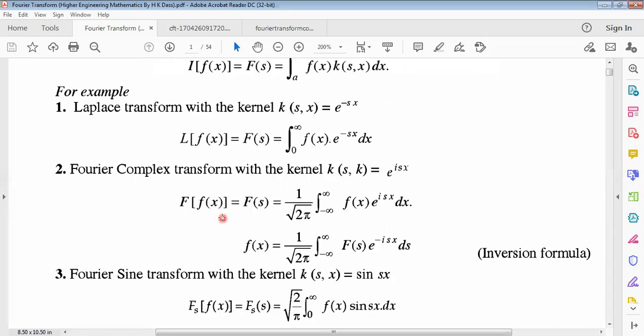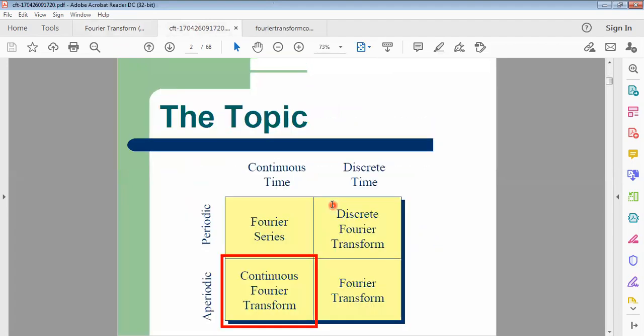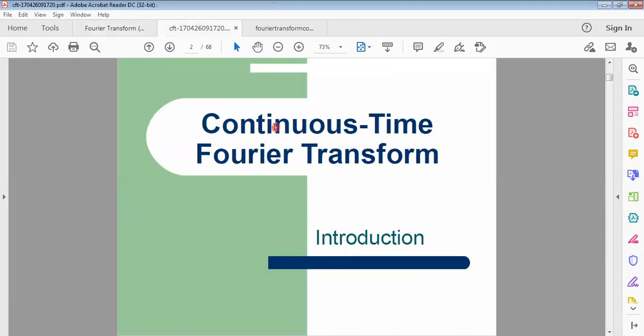So what is the Fourier transform? I have defined this Fourier transform. There is the continuous Fourier transform.